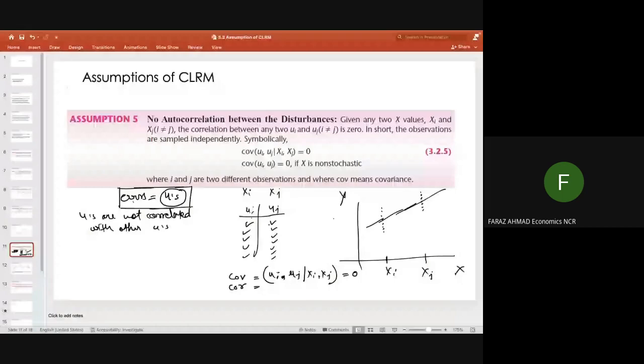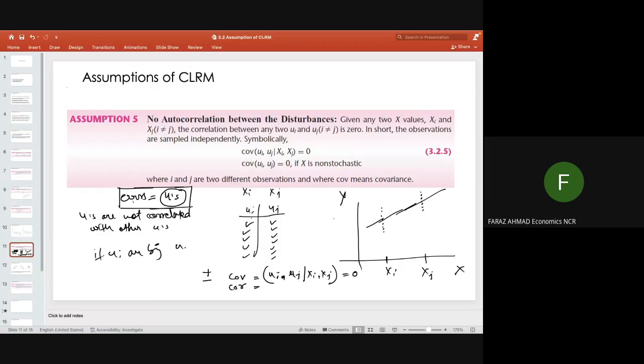UIs are corresponding to XI, UJs are corresponding to XJ, and because they are not related at all, there is no systematic variation between UI and UJ, so that their covariance, conditional upon the given values of X, is zero. It is neither positive nor negative.